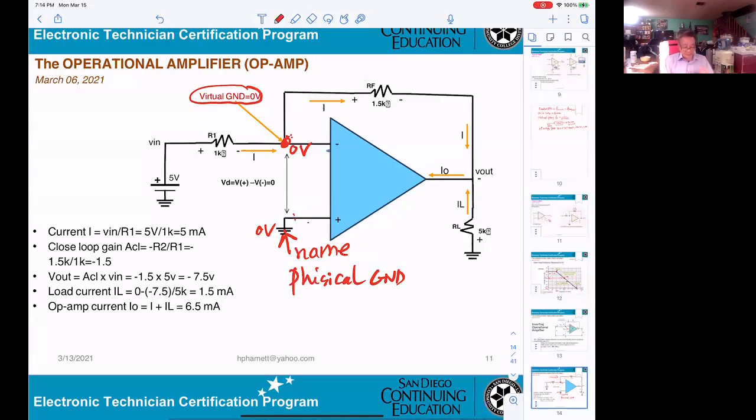Now, you can see you have the voltage of 5 volt, and you get the current flowing from here. That's what we call I. This current comes up to here. It could go in here, it could go up here, it could go down here. Now, why doesn't it go down?